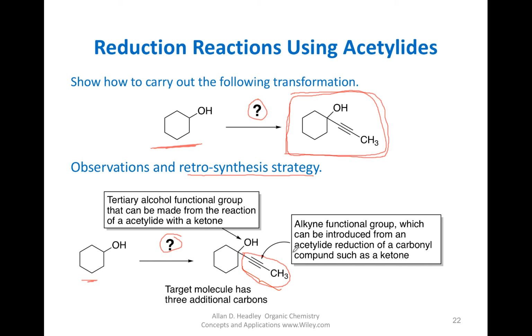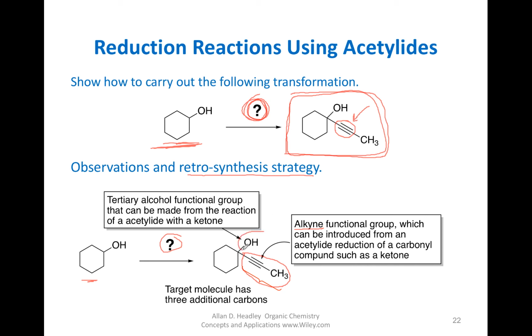In addition, we have introduced in the product here an alkyne, which is not in the reactant, which means that whatever we introduce here as a reactant, it must have an alkyne functional group. Now the pieces are coming together.